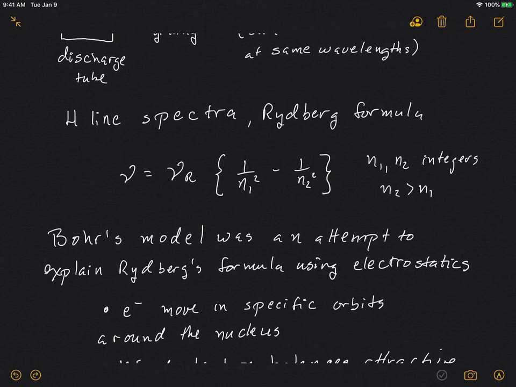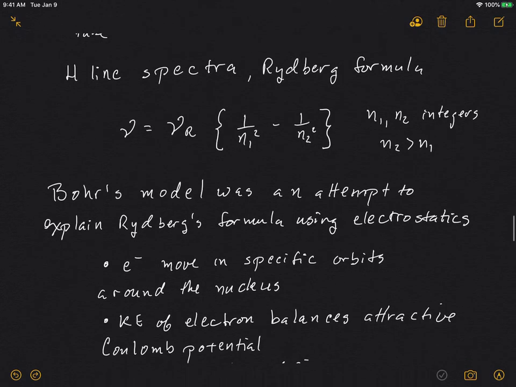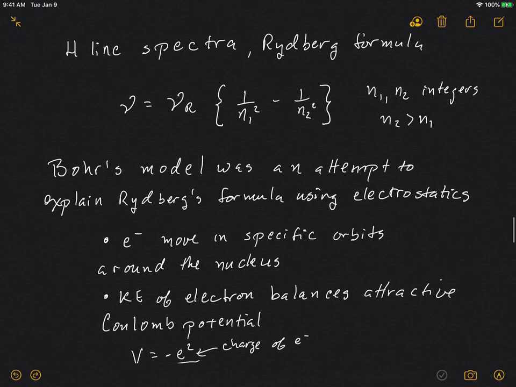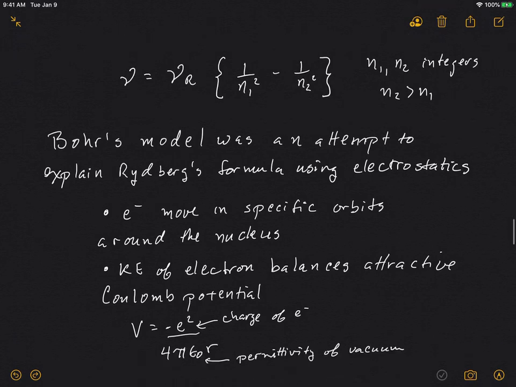And he assumed that, okay, if electrons move around the nucleus in a specific orbit, then if they're in that sort of fixed orbit, kind of a planetary orbit, then the kinetic energy of the electron has to balance out the attractive Coulomb potential at that orbit.